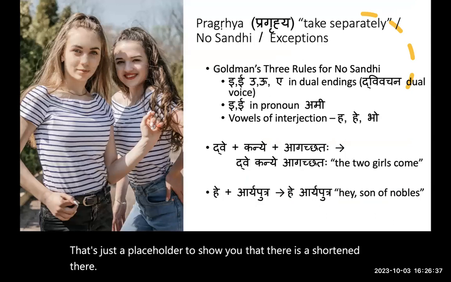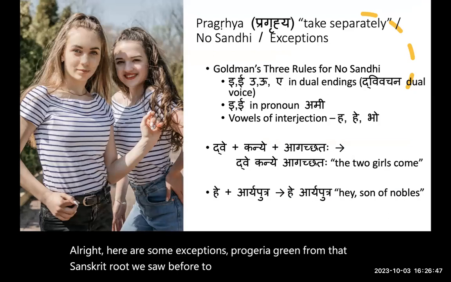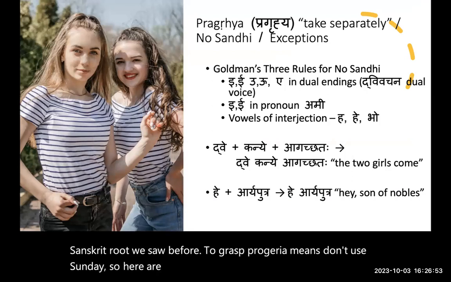All right, here are some exceptions. Pragrihya, from that Sanskrit root we saw before, gri, to grasp. Pragrihya means don't use sandhi. So here are some rules for when to not use sandhi.